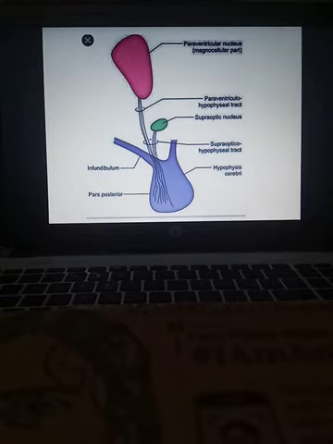So Kleine-Levin syndrome is that only. He will sleep more, he will eat more, then he will be having a lot of sleep, hyperphagia.